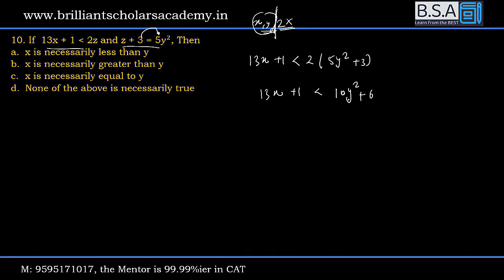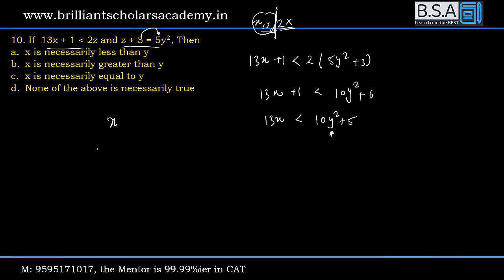Now either I work with square root or I work with square. Let me try both. Can I write this further as 13x less than 10y square plus 5? Now look, because it is a square, what is the property of a square?